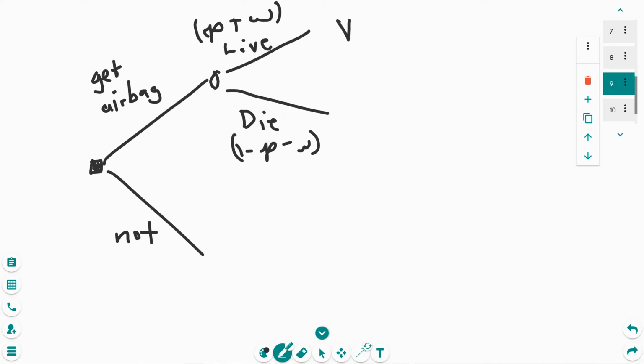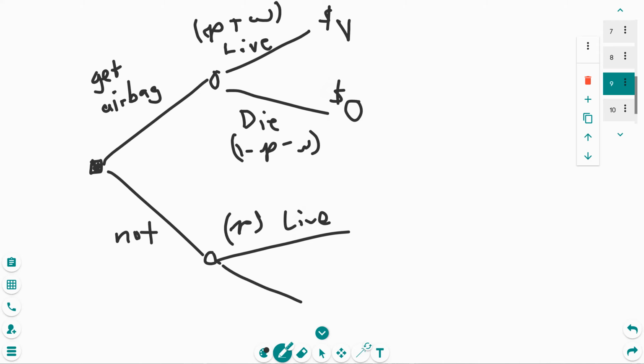The payoffs, again, there's some value that you yourself put on being alive in the future. You get that value v from that, and then if you are not alive, you don't get any of that value. If you don't get the airbag, again, there's still some probability that you live. That would be probability p that you live, and then probability 1 minus p for the alternative.